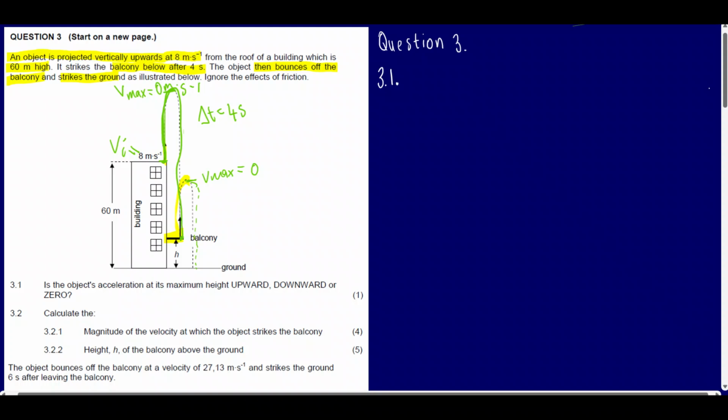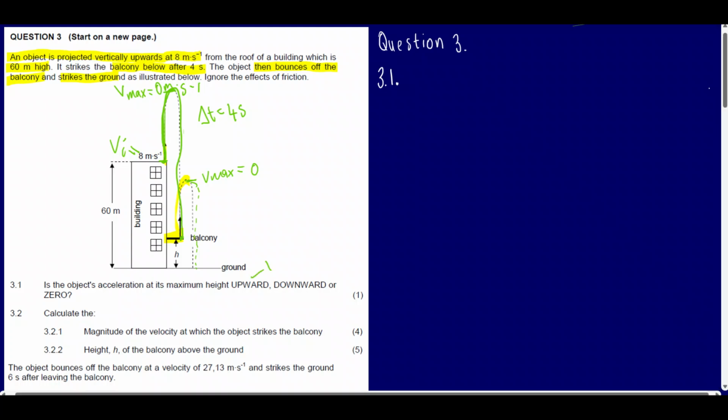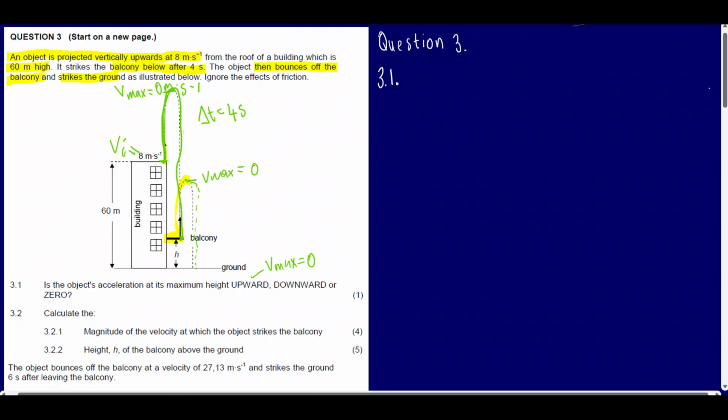3.1 is asking for the object's acceleration at its maximum height, upward or downwards. If it was the velocity at the maximum point, it would have given us 0.